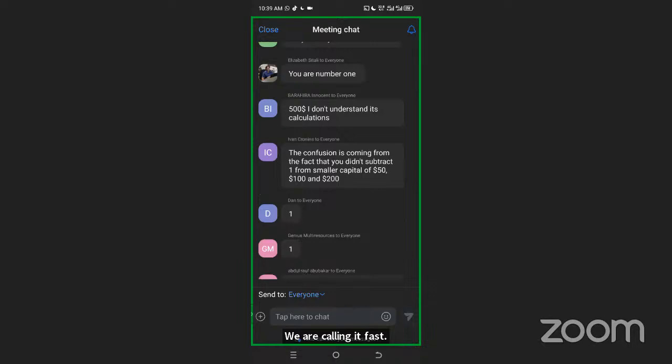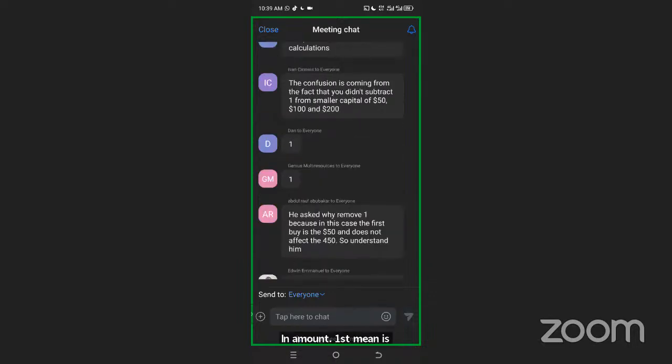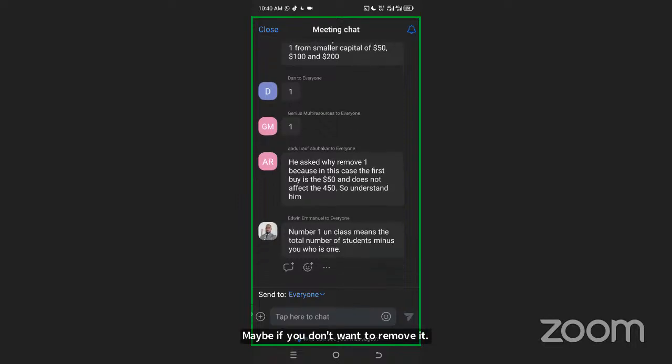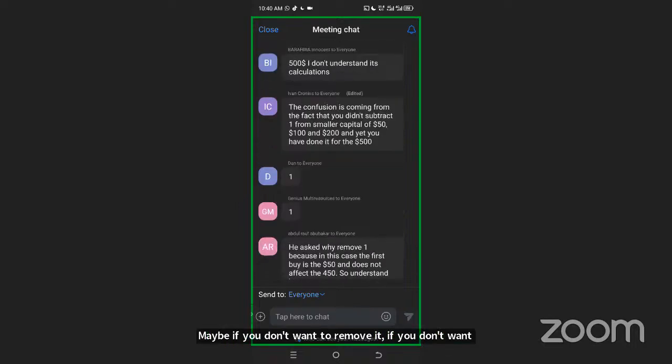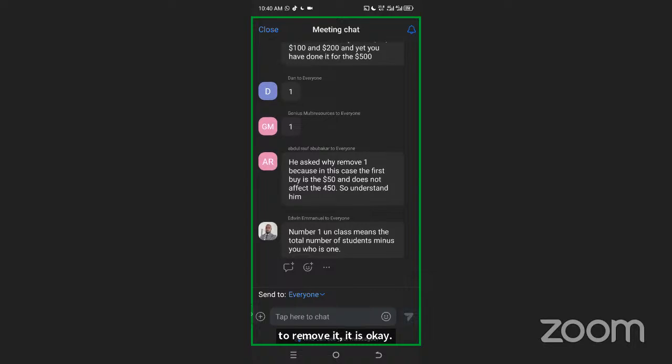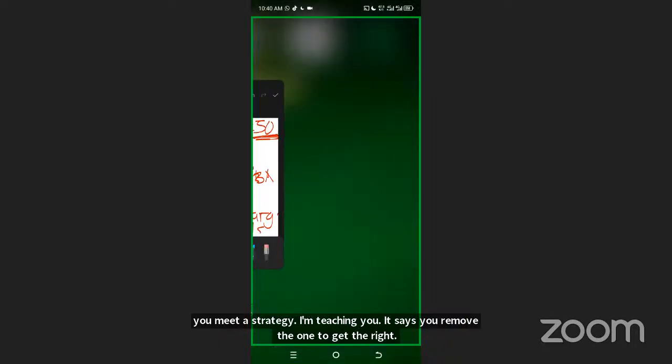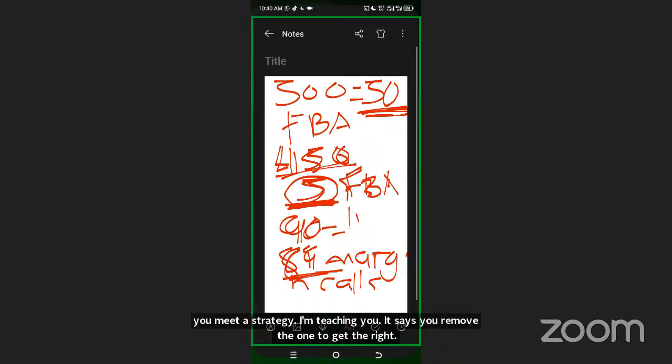Remove that one. Maybe if you don't want to remove it, it is okay. But the strategy I'm teaching you says you remove the one to get the right margin calls.